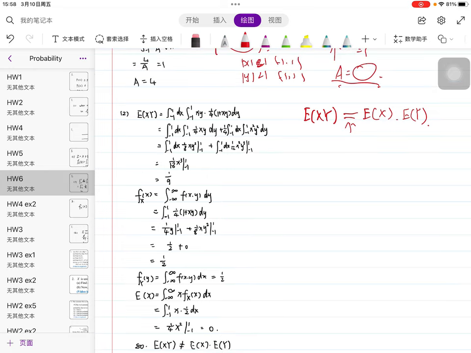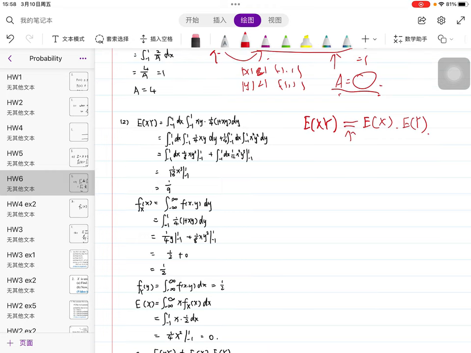If not, we could not write equal here, and they are not uncorrelated. So firstly, we are going to find the expected value of X times Y.